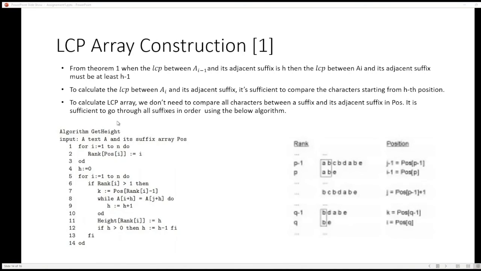So from theorem 1, we can see that when the LCP between A_{I-1} and its adjacent suffix is H, then the LCP between A_I and its adjacent suffix must be at least H minus 1.